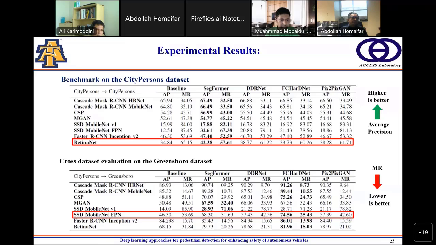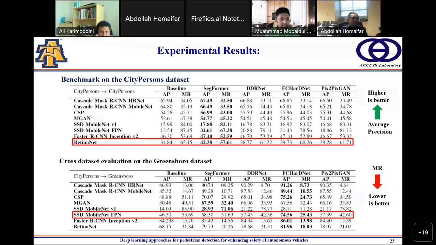Each value here, for example, I highlighted with red bounding boxes, the RetinaNet 1. When RetinaNet is fused with SegFormer, it showed an average precision of 42.38, whereas the baseline network, that means RetinaNet without any fusion mechanism with any semantic segmentation network, had an average precision of 34.84.